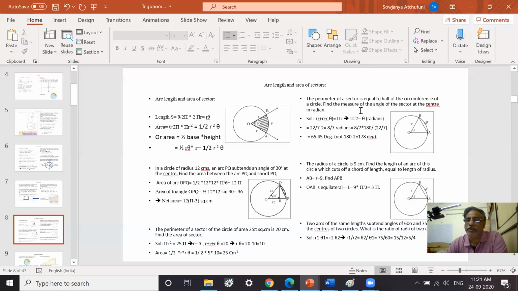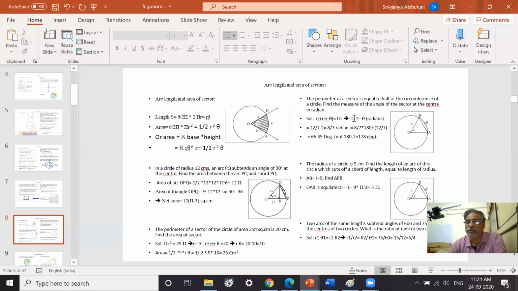Now, the perimeter of a sector is equal to half of the circumference. So half of the circumference, pi r, is equal to r plus r plus r theta. So we can say pi minus 2 is equal to theta. So 22 by 7 minus 2 is 8 by 7 radians. When I convert it into degrees, I get about 65 degrees, so the angle at the center is around 65.45 degrees.